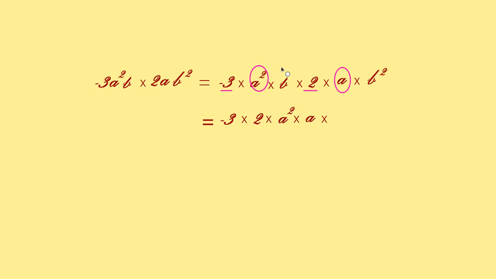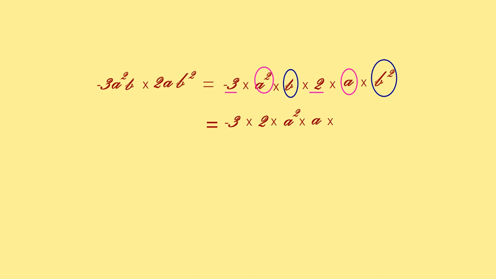Similarly, you can find the algebraic factors b and b square. So multiply those. Now minus 3 into 2 you can write as minus 6. How do you multiply a square into a? You know the laws of exponents.